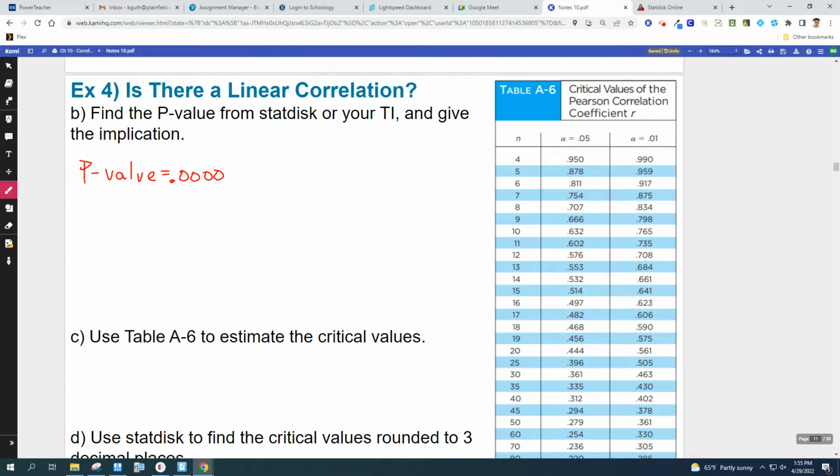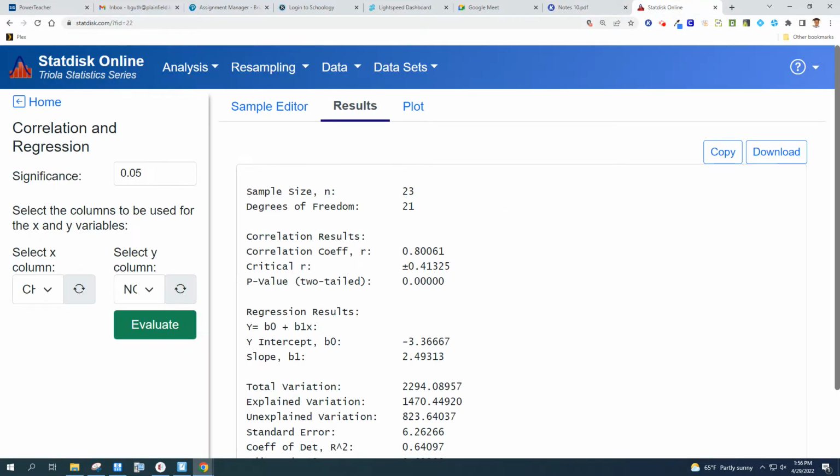Okay, and you don't really know what that means without looking at alpha. Alpha, if you recall, a couple of slides back, was talking about the significance level, and that was over here in this box. The significance level was 0.05. That's alpha for this problem.